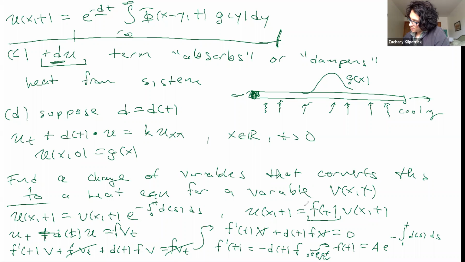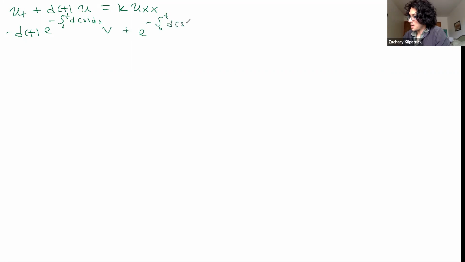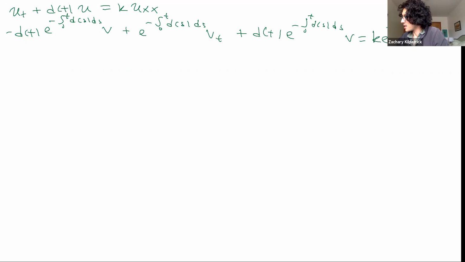So if I take this change of variables that we've written down now, and I plug it into my equation, u sub t plus d of t u is equal to k u_xx, then I get minus d of t e to the minus integral from 0 to t of d of s ds v plus e to the minus integral from 0 to t d of s ds v sub t plus d of t e to the minus integral from 0 to t d of s ds v is equal to k times e to the minus integral from 0 to t d of s ds v sub xx, right?